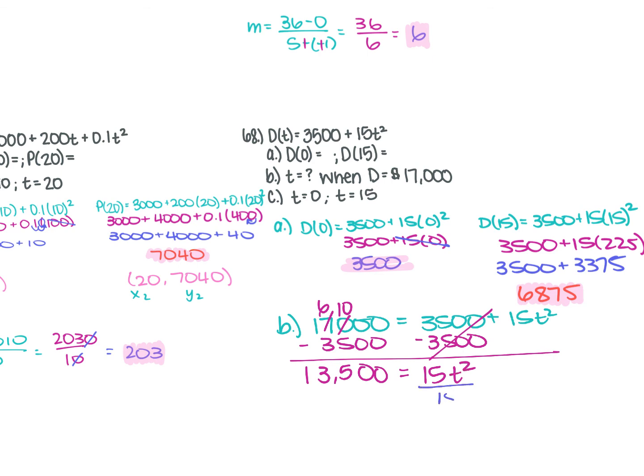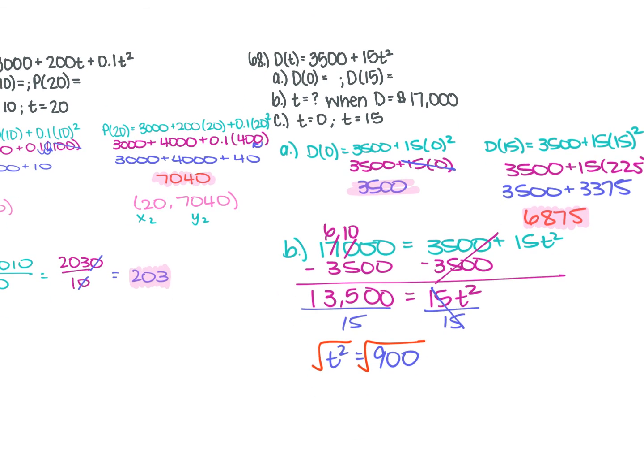From here, we're going to divide each side by the 15. And this is going to give us t squared is equal to 900. So from here, we're going to take the square root of both sides. So we get that t is equal to what? What is it?